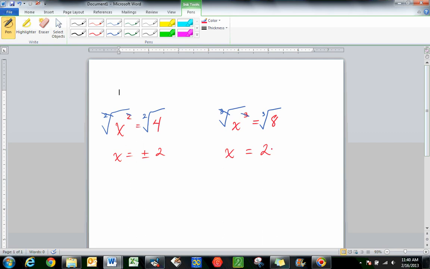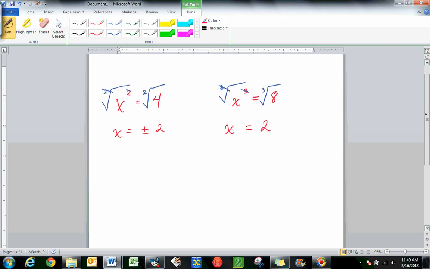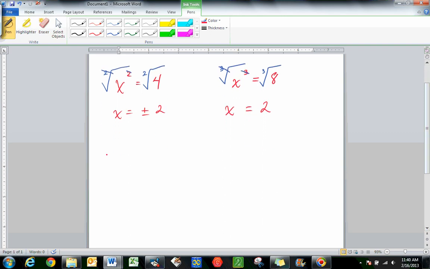Now, let's look at the reverse effect of that. Let's imagine instead of having a square, we have a square root of a term, and we need to get the x by itself, but now we have a square root value instead of a power. Well, the same premise applies as before, that the root and the power are going to eliminate each other.